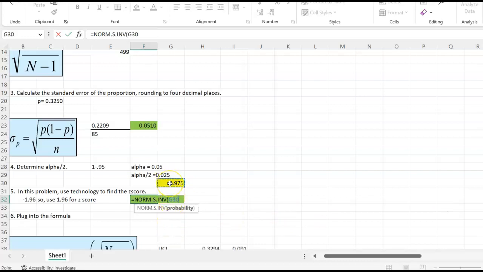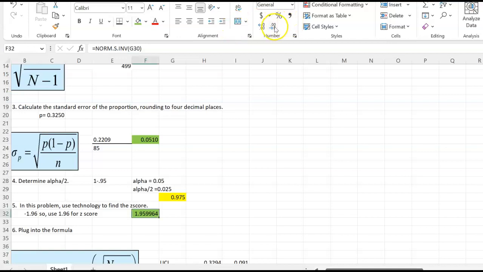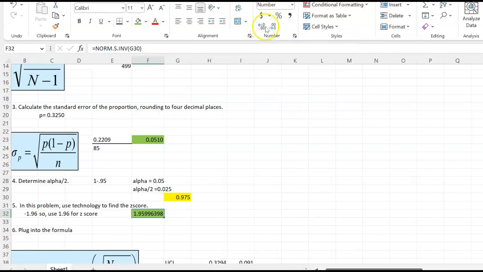We're going to click on the probability that we just found, and we're going to round this to 4, just like we've been doing. So it would end up being 1.96, and I'm going to erase that.